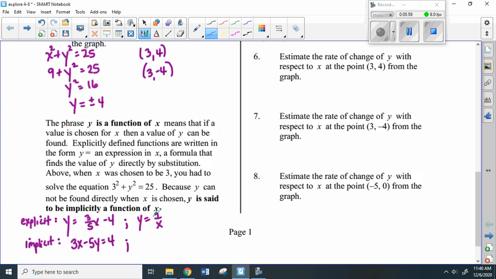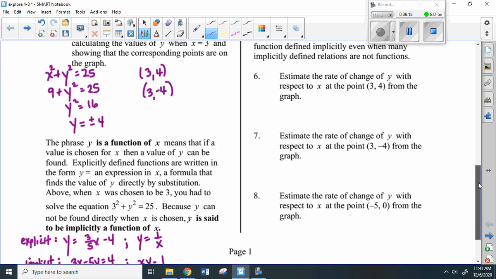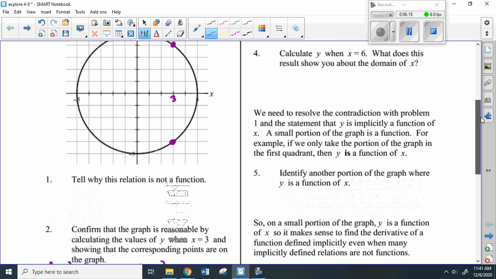So if I did the same thing over here, y equals 1 over x is explicit, but if I were to go back to x times y equals 1, then we would call that an implicit function, okay? All right, so that's just what explicit and implicit mean.